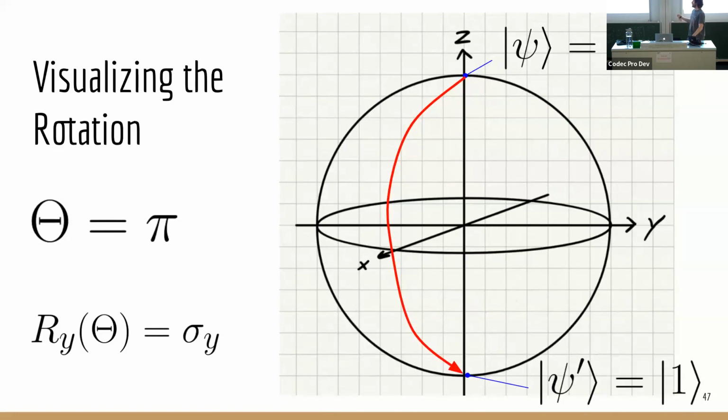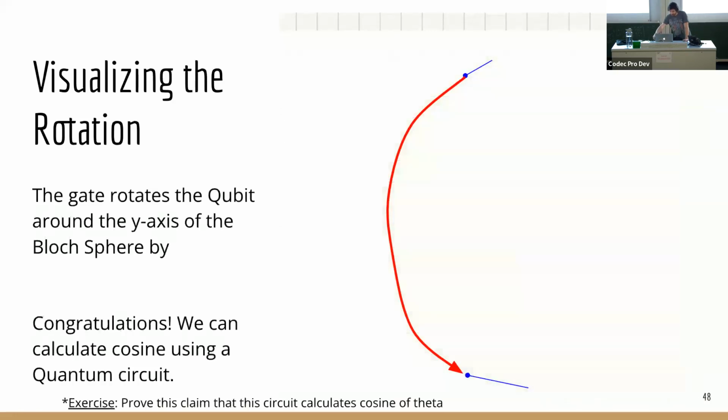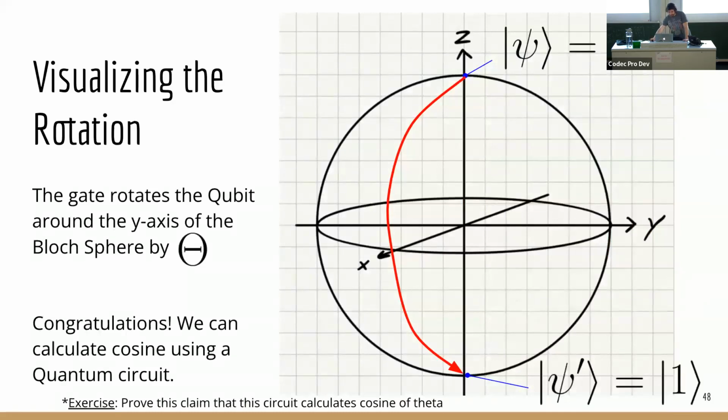And we know from before that this is going to rotate our qubit 180 degrees around the Y axis. So what we can learn from this is that the Y rotation gate will rotate the qubit around the Y axis of the Bloch sphere by an angle theta.